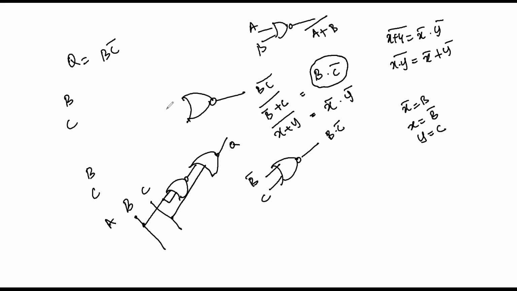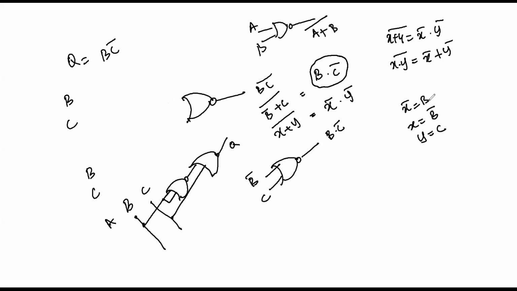2017 part B question number 1. When you simplify, we have to have B C bar. Now for this, we have to use De Morgan's rule. We know that to get x plus y bar, you have to have x bar dot y bar. So if I take it as x bar dot y bar, we equate these two.